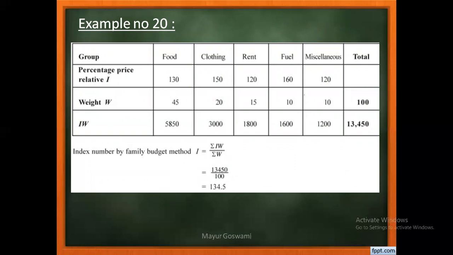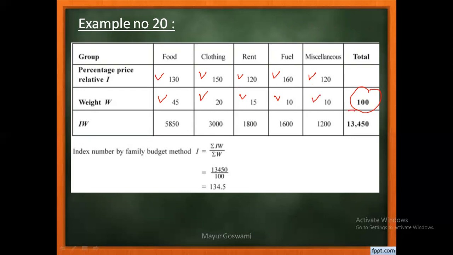So first calculate the cost of living index number, I and W. So the total of W is 100 over here, which you can say is sigma W. Now we require IW, so I into W: 130 into 45, 5850; 150 into 20, 3000; 120 into 15, 1800; 160 into 10, 1600; and 120 into 10, 1200.